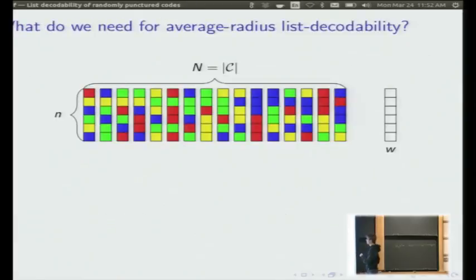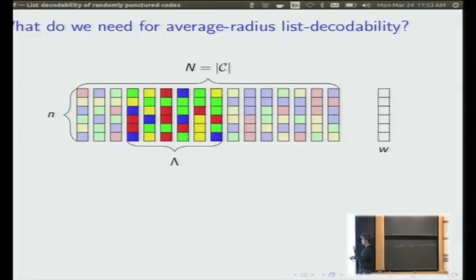To understand this stronger notion, I'll draw a little cartoon. Here's my cartoon of a code. This is a code of length little n. It has size big N. The alphabet size is 4: blue, yellow, green, and red. What does average radius list decodability mean? It means that for every set lambda of size L plus 1, here's a bunch of codewords. First I take the center of those codewords. I can find that symbol by symbol.